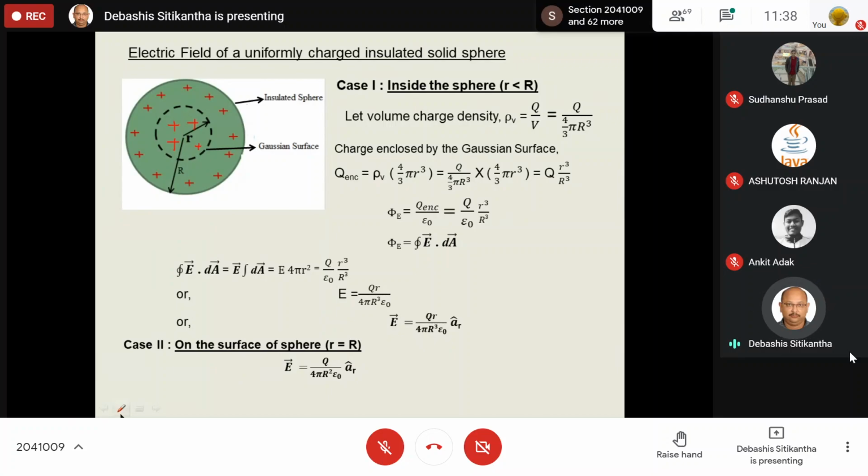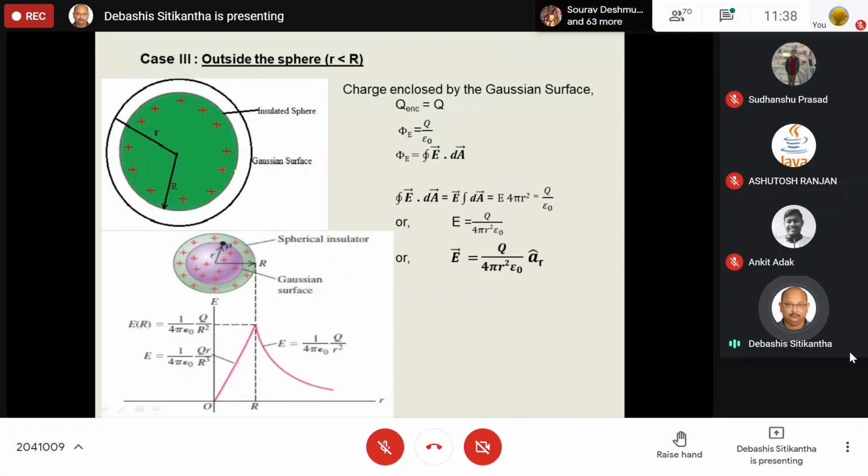Over here you can see the electric field is directly proportional to r inside the sphere. So obviously the relationship is a straight line. This violet color is a straight line like this, because E vector is directly proportional to r.